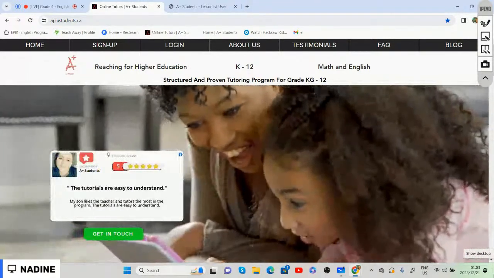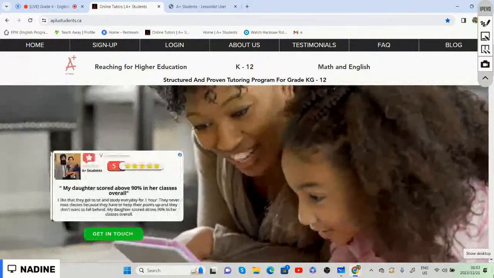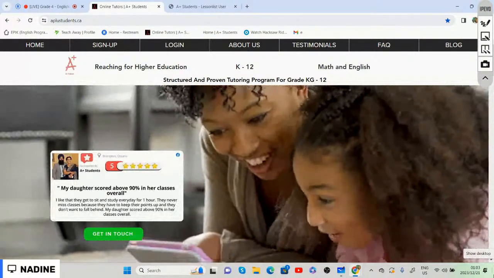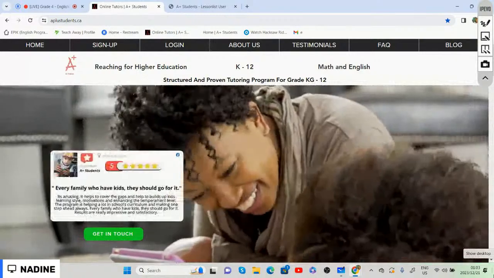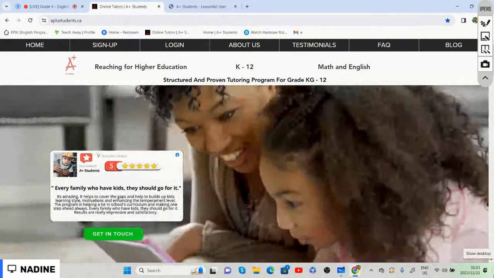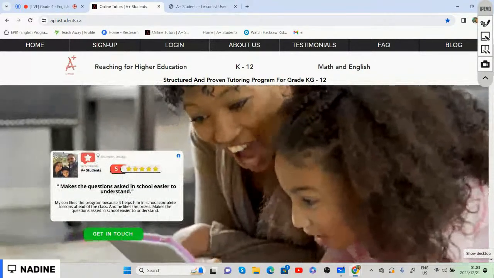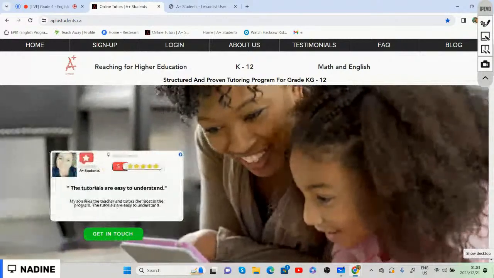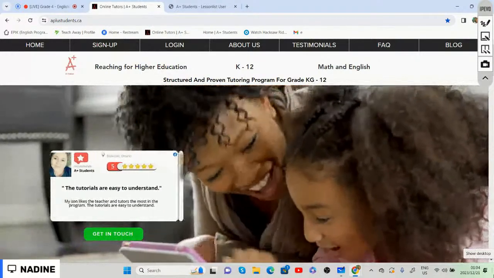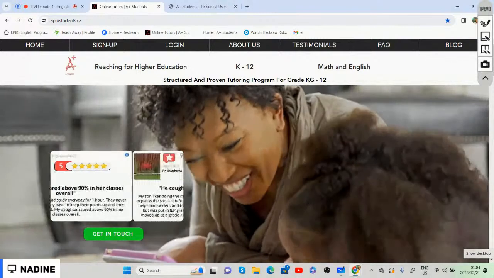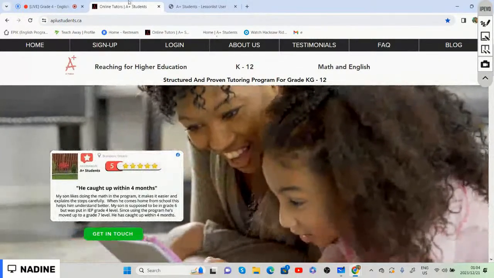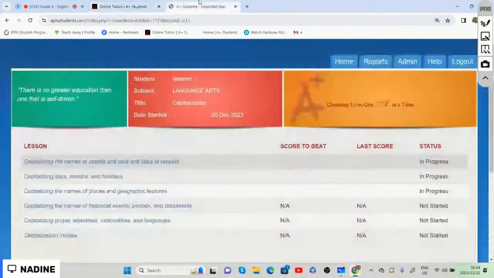Once we've logged on with our username as well as our password, we're going to select the subject of language arts, grade 4. And then we're going to scroll down until we get to the chapter of capitalization.